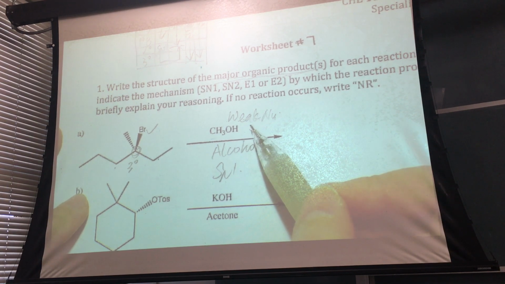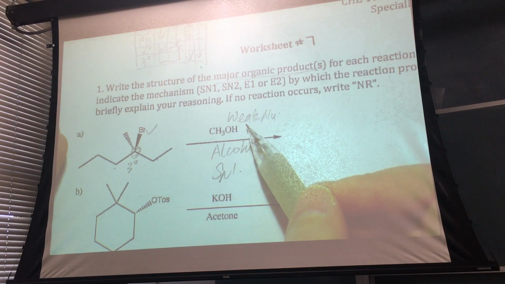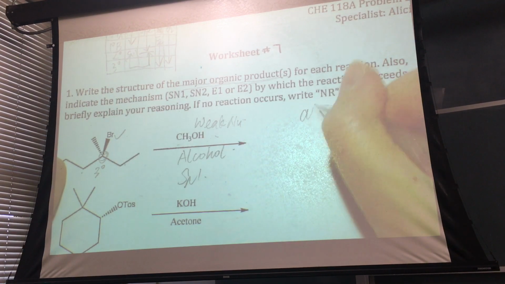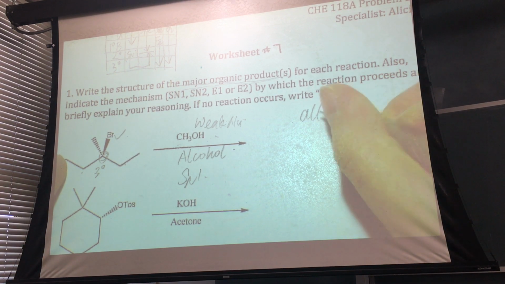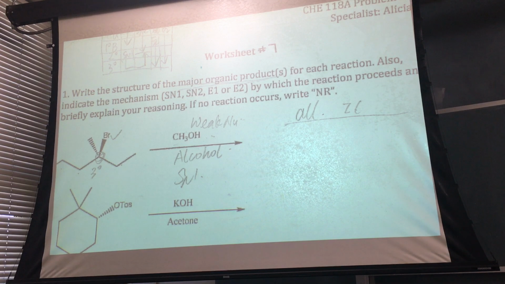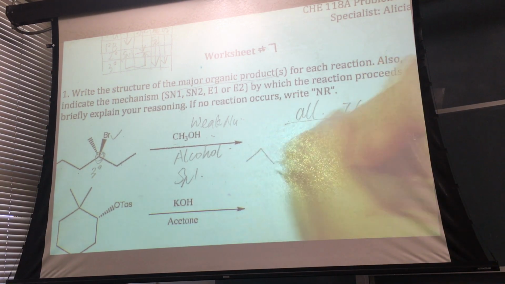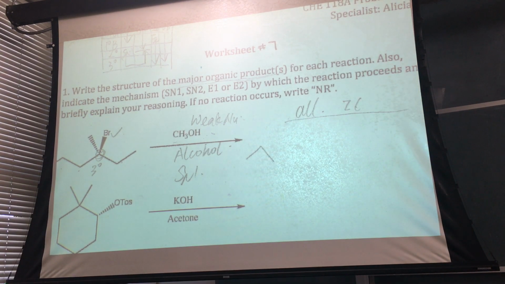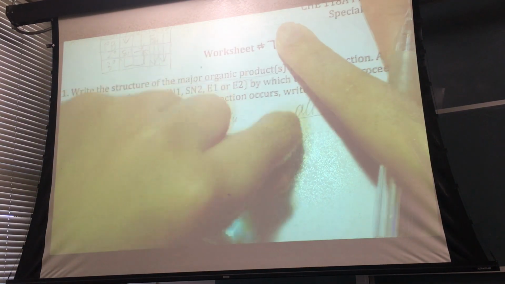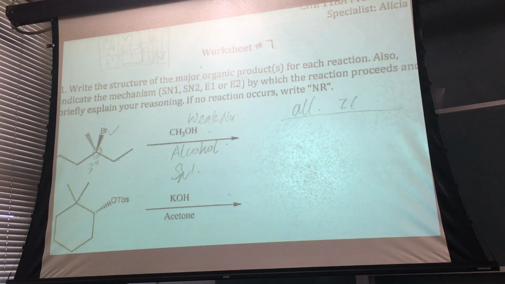But I guess what you are going to miss on your second midterm is write all products, identify which one is major. So I will treat this worksheet like this. All the products means even if you have some byproducts, you need to write them as well. But anyway, SN1. So I will just write the product directly. I will use a different color so you can tell which one is how you think, which one is the answer. Okay.